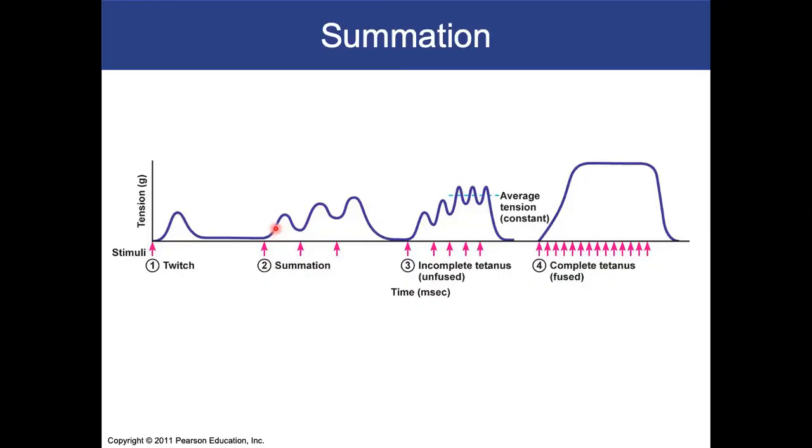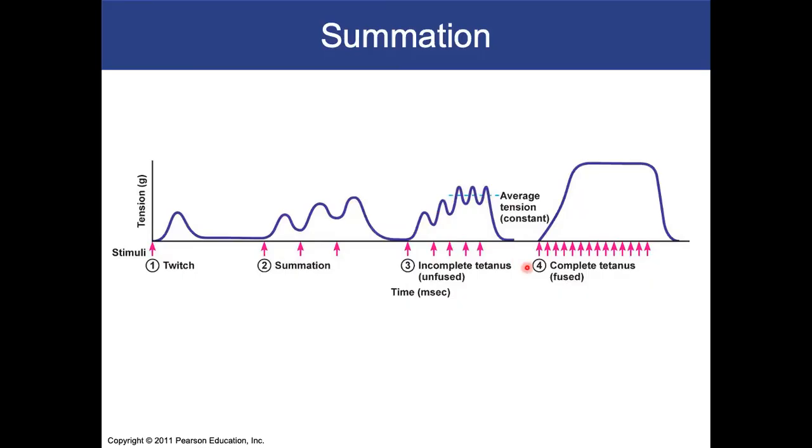Notice that we're increasing the number of times we zap the muscle fiber so that it doesn't have enough time to relax. So you're generating more force by increasing the frequency, right? This is increasing the frequency more. And so you end up getting average tension generated from the muscle fiber.